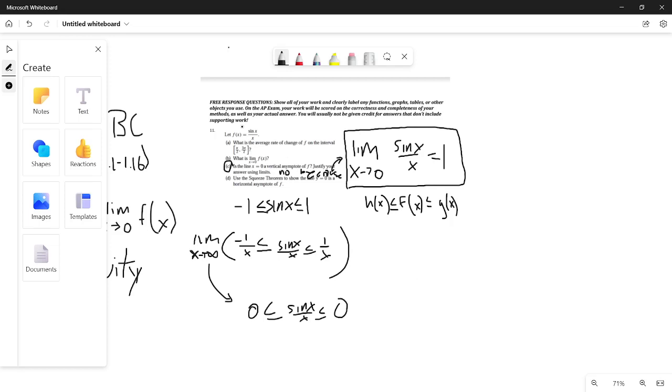What does that 0 show for the squeeze theorem? Well, this is 0, and if it's in between zero, it's zero.